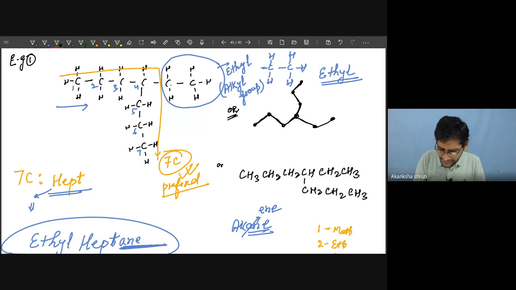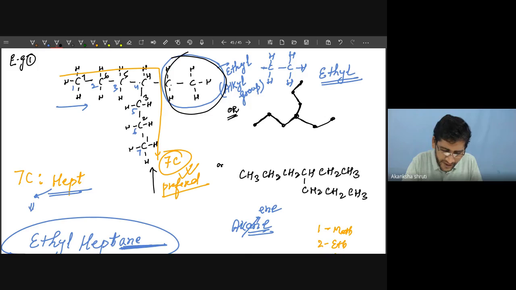But if we are numbering from this other end, let us number it 1, 2, 3, 4, 5, 6, 7. It's okay. In this case, we are also getting 7. The count of carbon will remain the same, but now you have to observe the two numbers where this auxiliary group is attached.